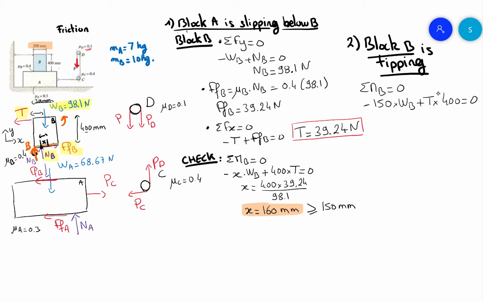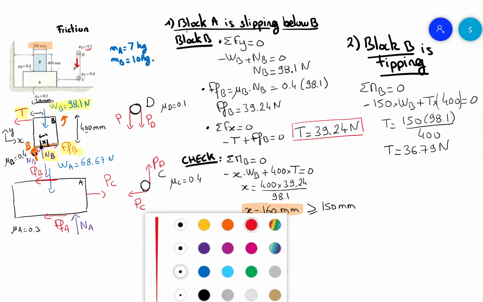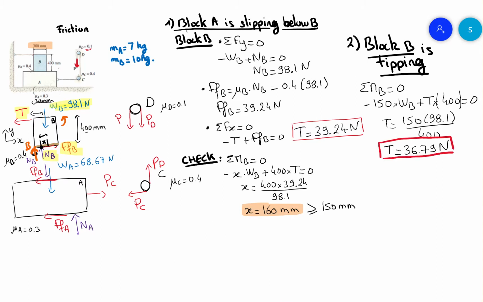So T is equal to 150 times WB, 98.1, divided by 400. That's 36.79 Newton. And you see, it's less than the force T found before. So it means that it's tipping.